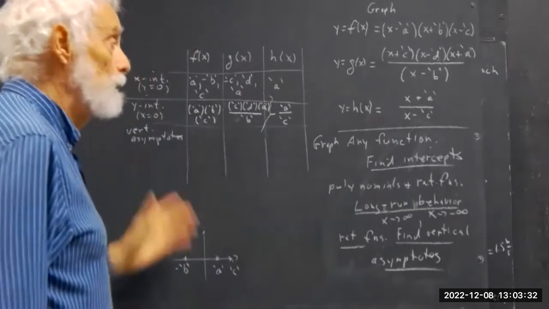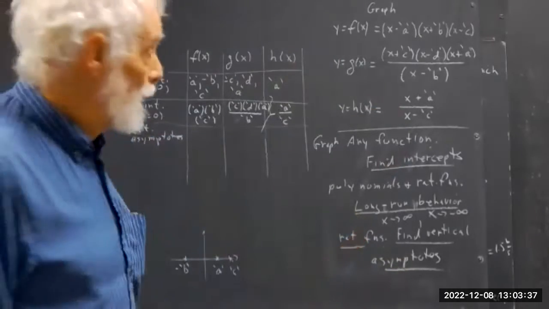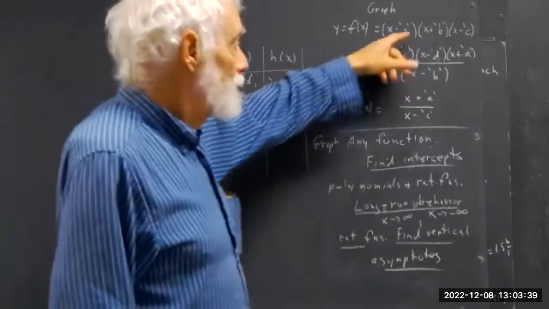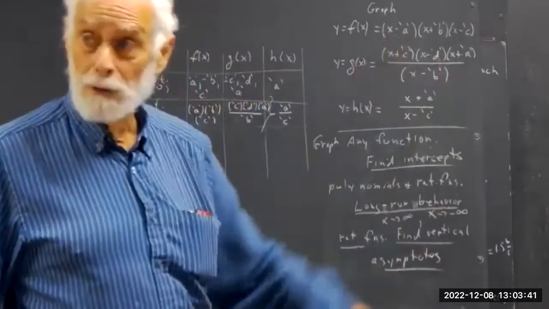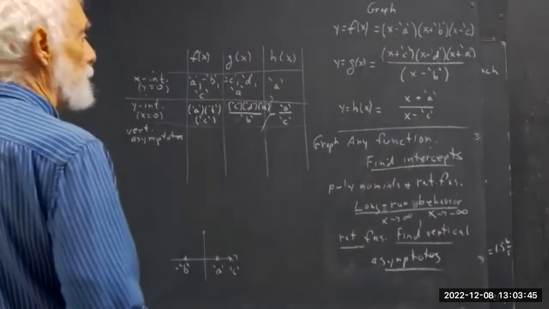X-intercept and y-intercept, though, are equally straightforward in each case. As long as you remember the only way a fraction can be 0 is if the numerator is 0 and the denominator isn't. Okay, vertical asymptotes.